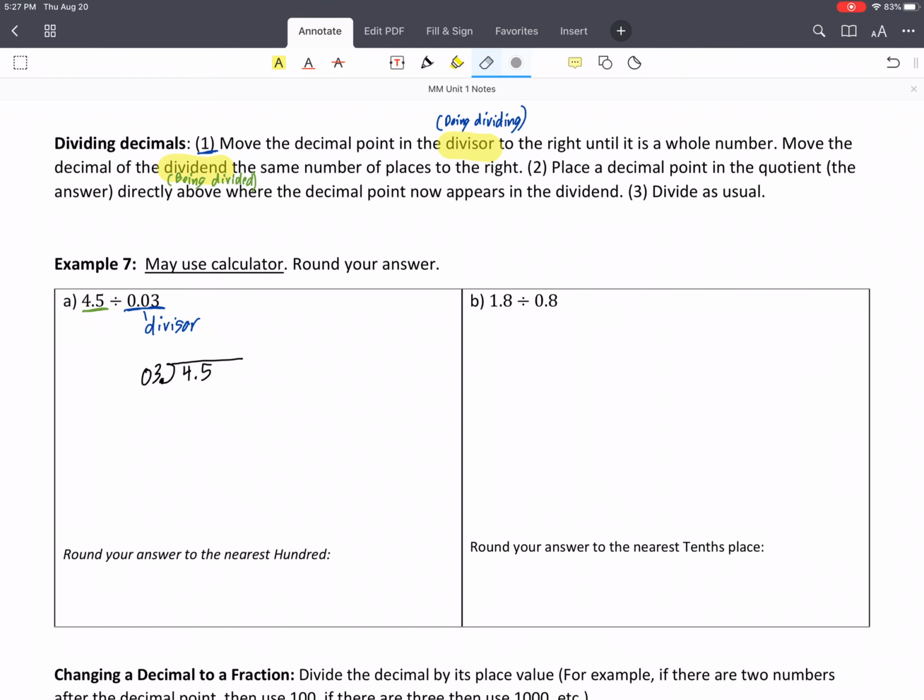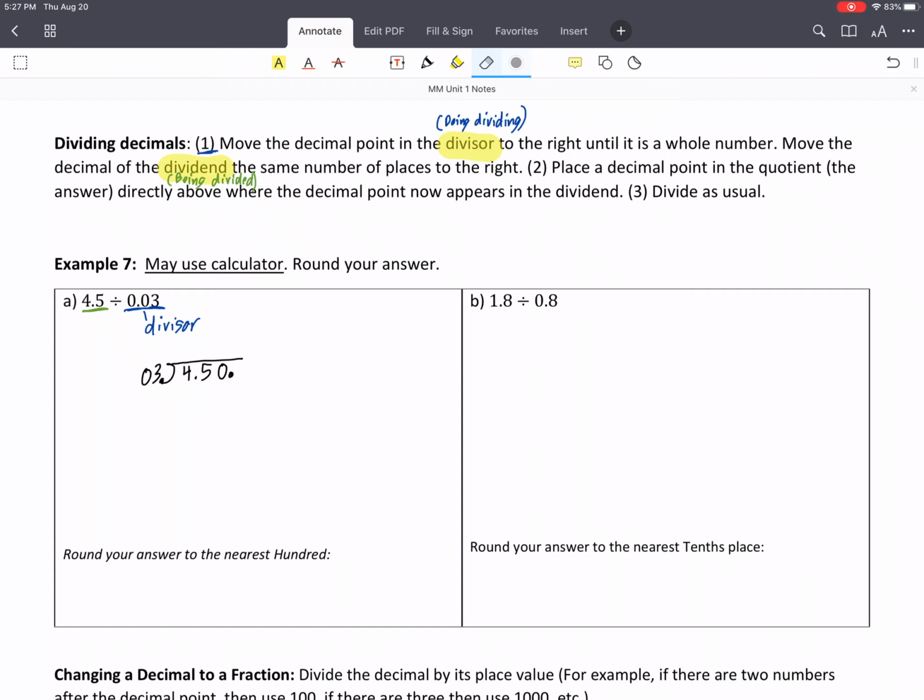Now it says move the decimal of the dividend, or what's being divided, the same number of places over. So now we need to move this over 1 and 2. Then we create a decimal point there. But now that we moved it over, we need to fill that place in with a 0.